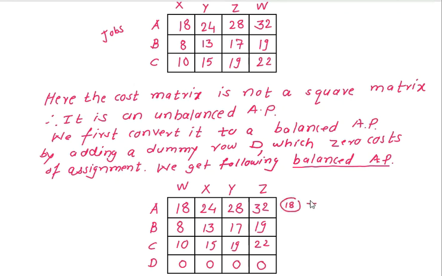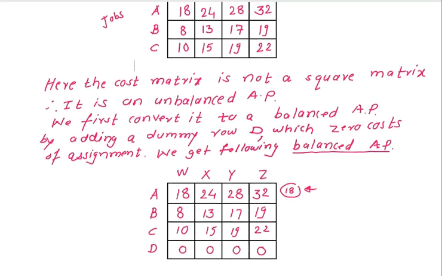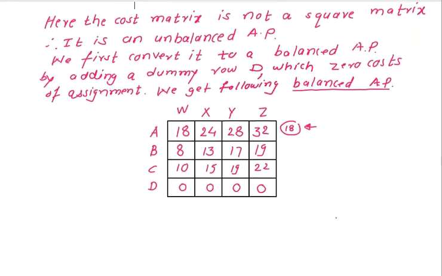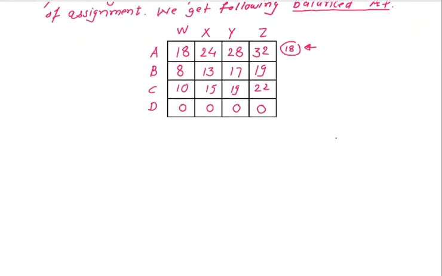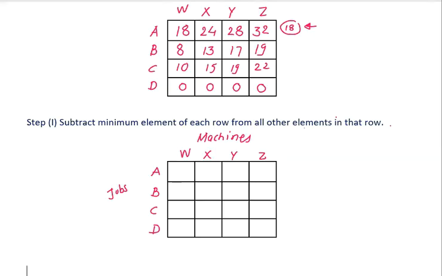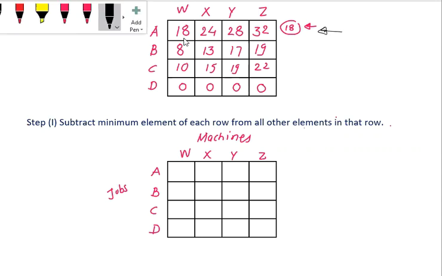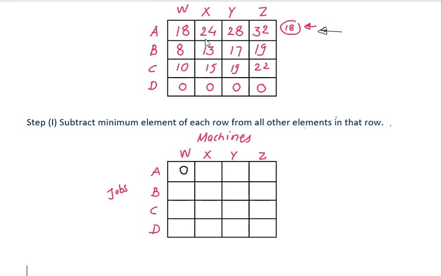So subtract 18 from all the numbers in the first row. 18 minus 18, we get 0. 24 minus 18, we get 6. 28 minus 18, we get 10. Then 32 minus 18 is 14.